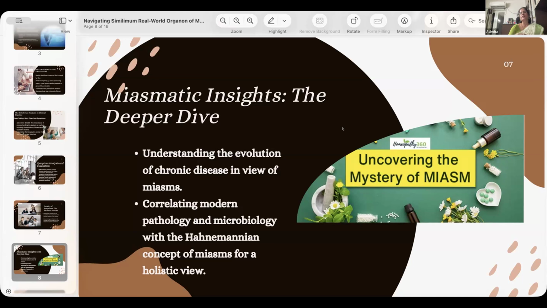In chronic stages, the understanding of the evaluation of chronic diseases through miasm is the major thing, because in deep-seated pathology, especially in the latent syphilis state, the choice of the constitutional SIMILIMUM should not be based on deep-seated remedies like mineral remedies or metal remedies, where the patient can't tolerate the homeopathic aggravation due to selection of SIMILIMUM with a deep-seated medicine.